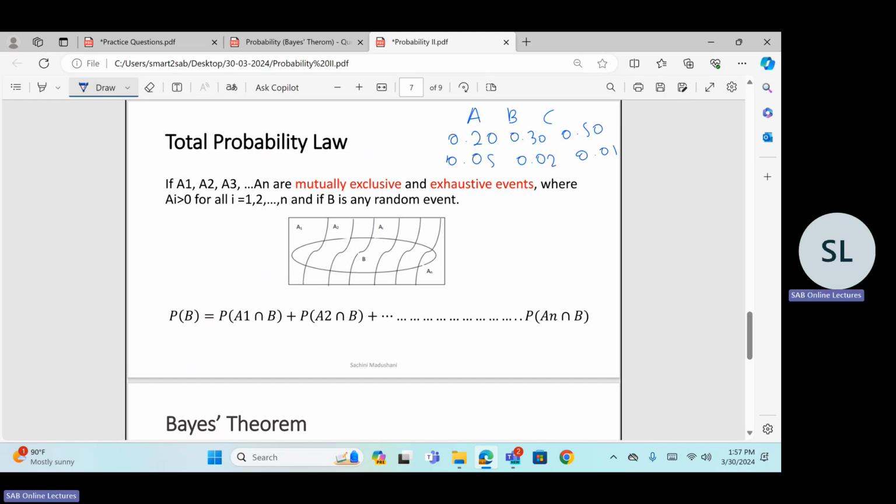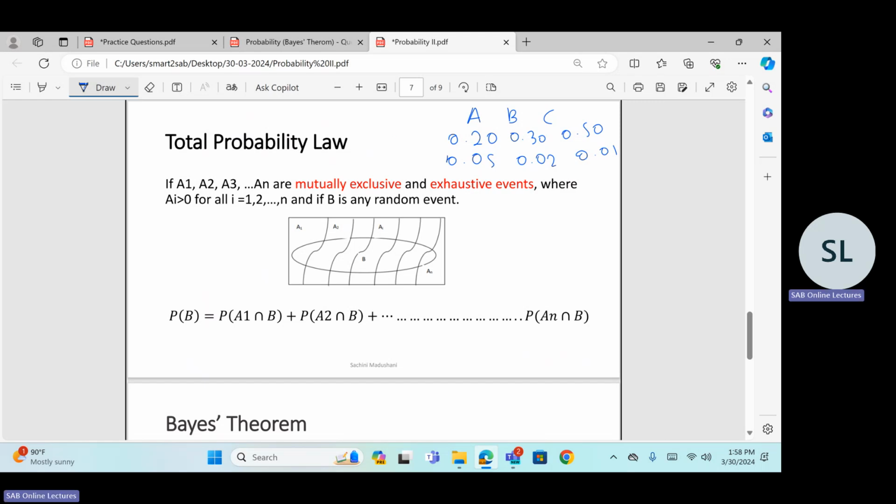Last week we discussed it. The other condition is that the union value is equal to 1. It means there are two or more events, and all the events cover the full sample space. Then the probability of the union is equal to 1.